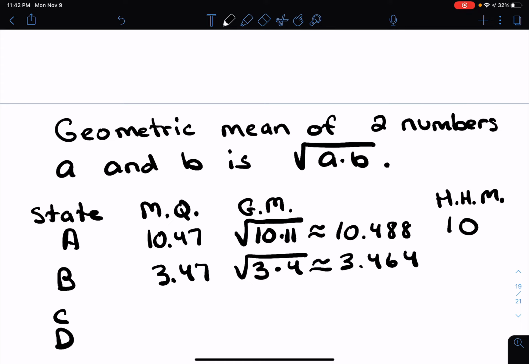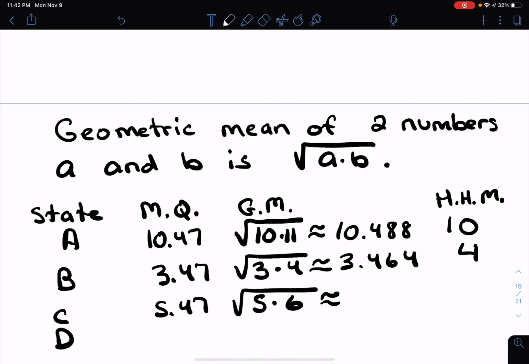So that means we're going to bump it up from 3.47 to 4. 5.47 for state C. Geometric mean is the square root of the 5 times the next one up, 6. So square root of 30. And we get 5.477. Now the 5.47 is less than the geometric mean of 5.477, so we're going to stay at 5.